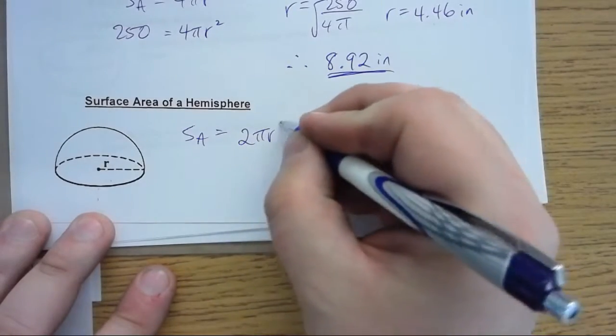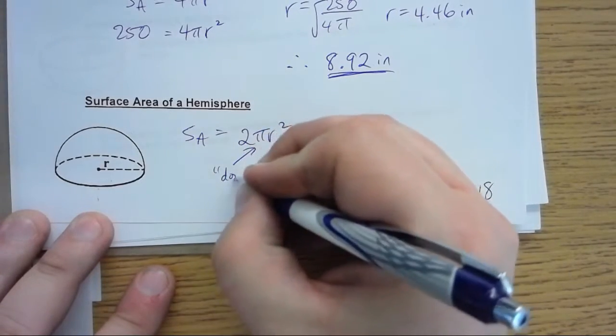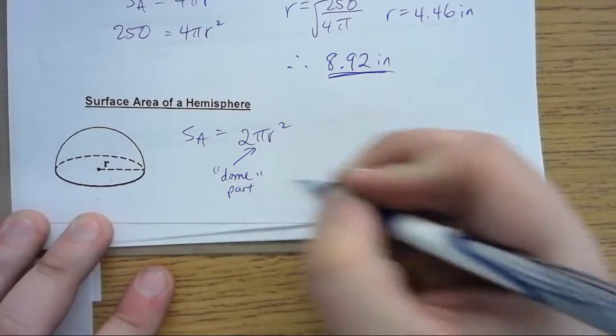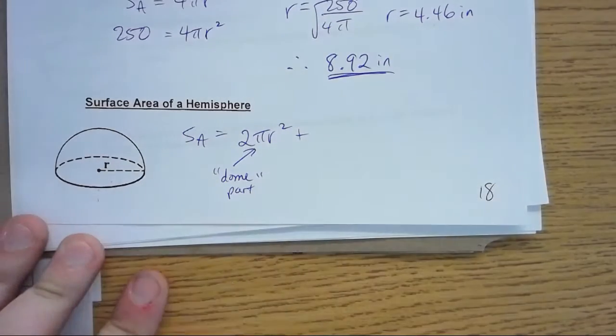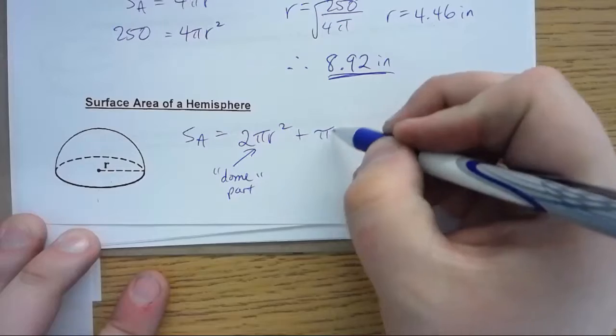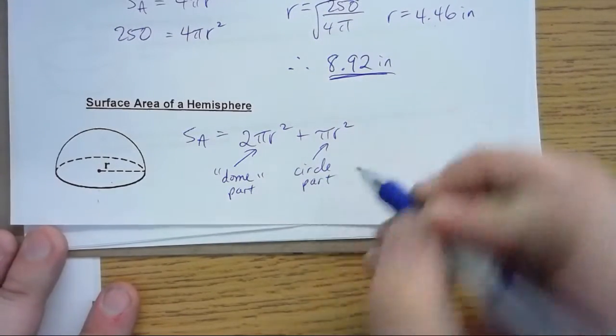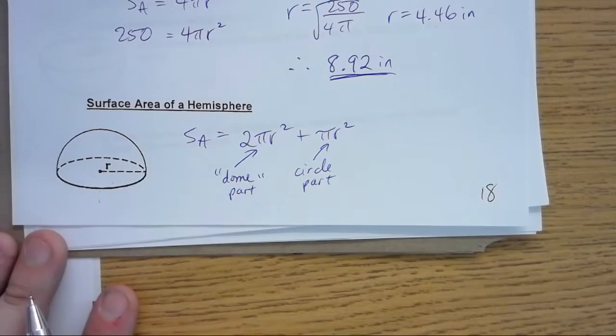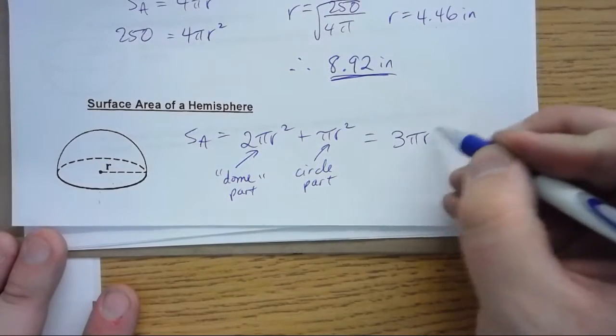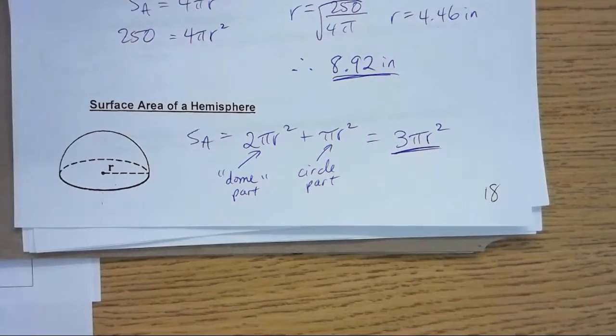So 2 pi r squared is the dome part. And then the base that it's sitting on is a circle. We know that's pi r squared. That's the circle part. So the dome plus the circle, 2 of these plus 1 of these is 3 of these. That's a neat little formula. So that's the surface area of a hemisphere, assuming that we want to calculate the base as part of it.